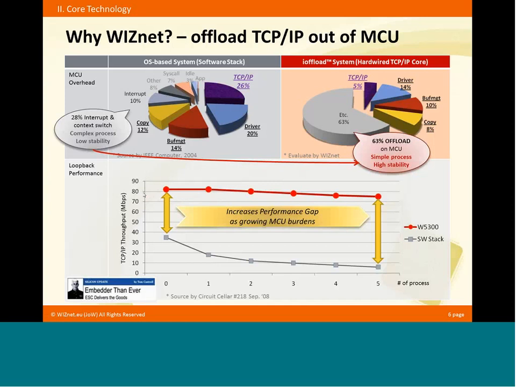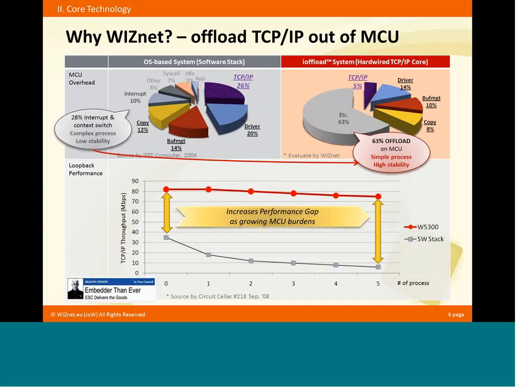We talk here about a 200 megahertz ARM9 MCU, so it's quite a long-term available standard microcontroller, even a little smaller than the Raspberry Pi. So you can see that if you run the Linux, the performance is quite low, and if you make use of hardware TCP/IP, it outperforms everything.